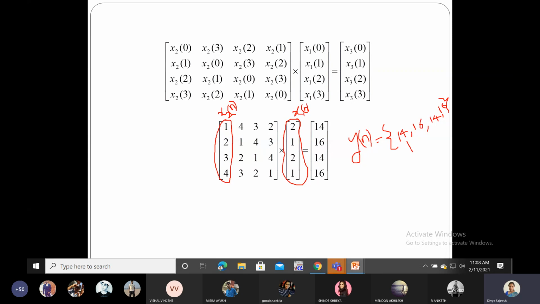The arrow indicates the origin. Since x1 of n and x2 of n both start from the origin, 0 plus 0, here also it will start from the origin.